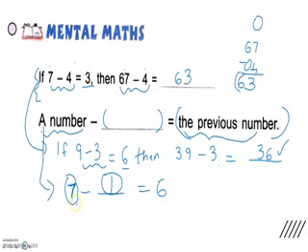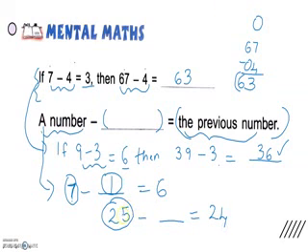Similarly, we can check with any other number. See, if it is 25 minus dash is equal to its previous number. What is the previous number of 25? Yes, it is 24. So what do we have to subtract from 25 to get 24? You have to subtract 1. 25 minus 1 is equal to 24.